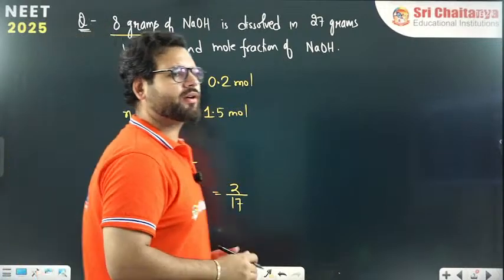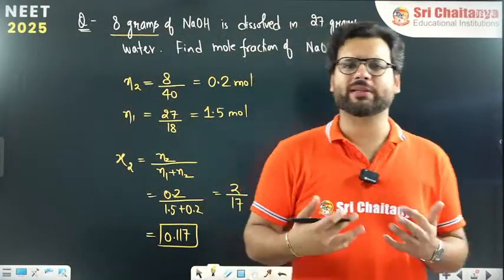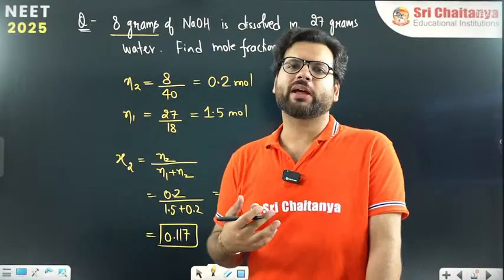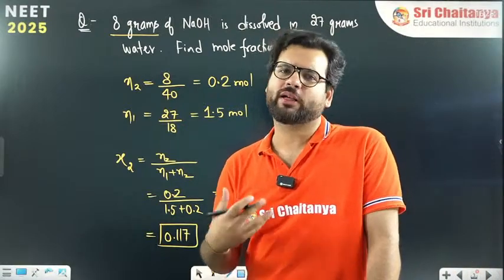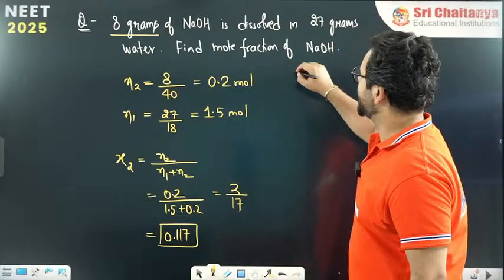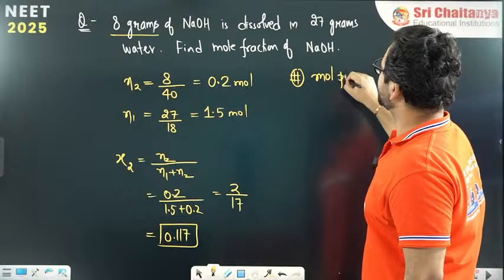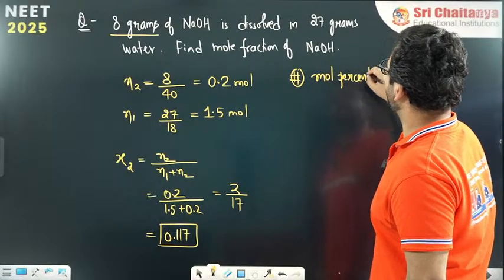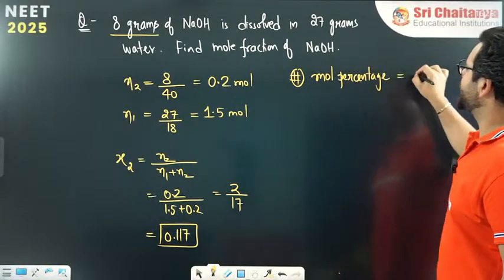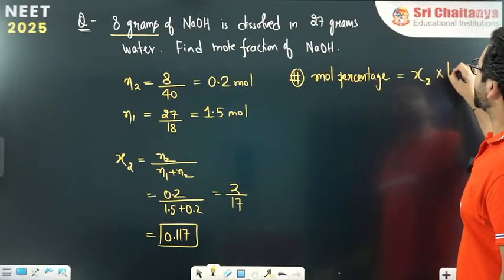Same way, there is another concentration term, we call it mole percentage. Whenever you multiply fraction with 100, that becomes mole percent. Mole percentage is mole fraction into 100.